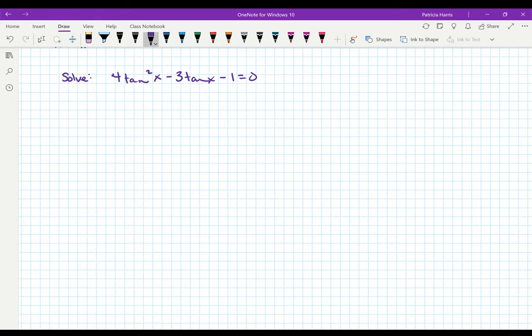All right. Well, note that this is tangent. So tangent, recall, has a period of pi. Okay, again, we're going to solve. Again, we're going to factor. I'm going to not do the substitution.